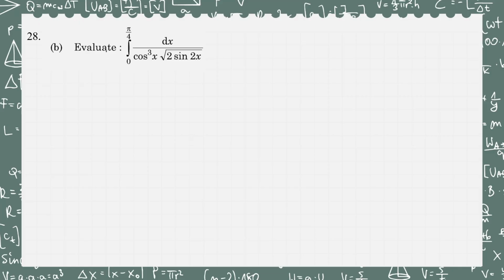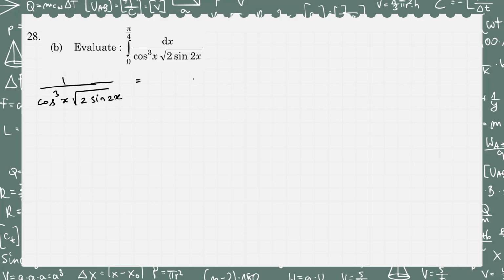28b sum. Evaluate the integral from 0 to pi by 4 of dx divided by cos cube x into root of 2 sin 2x. Let us take the value 1 by cos cube x into root of 2 sin 2x.